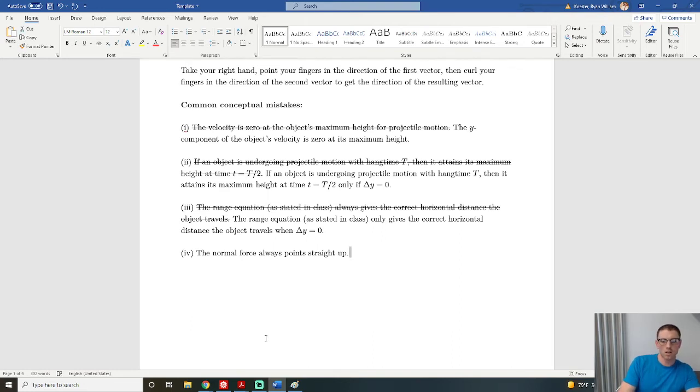So this is incorrect. And the correct version would be that the normal force always points perpendicularly away from the surface on which an object is resting. I don't think I probably need to say too much more about this.